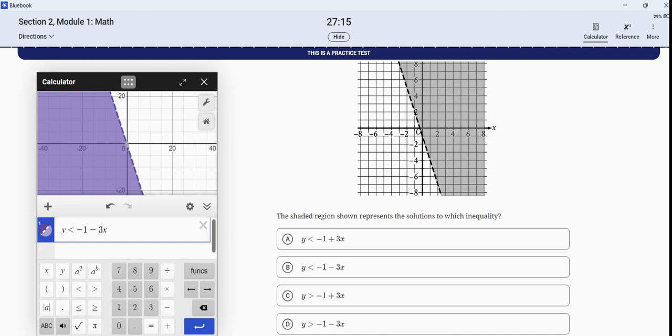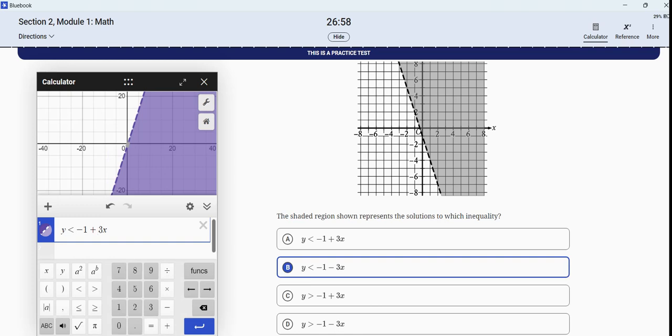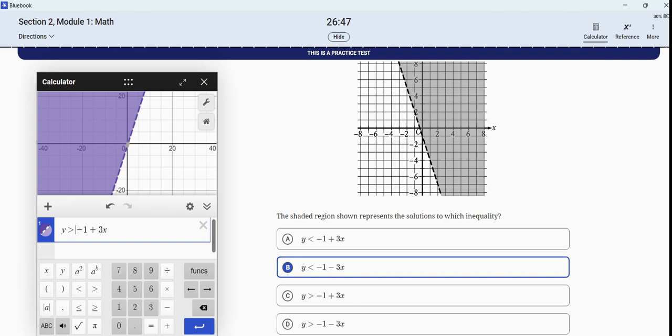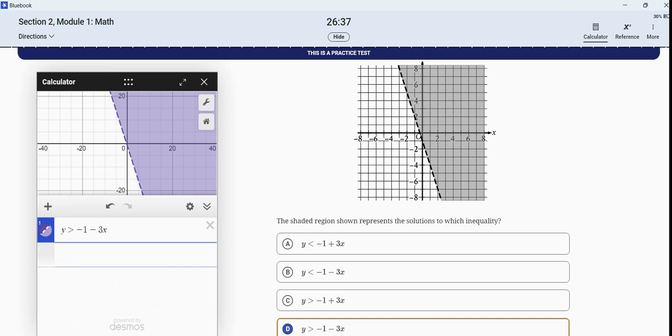Minus 3x. No. It actually could be this one. I think it is. Wait, sorry, I didn't look at... oh, yes. Yep. I took too long on that one. My bad. Next question.